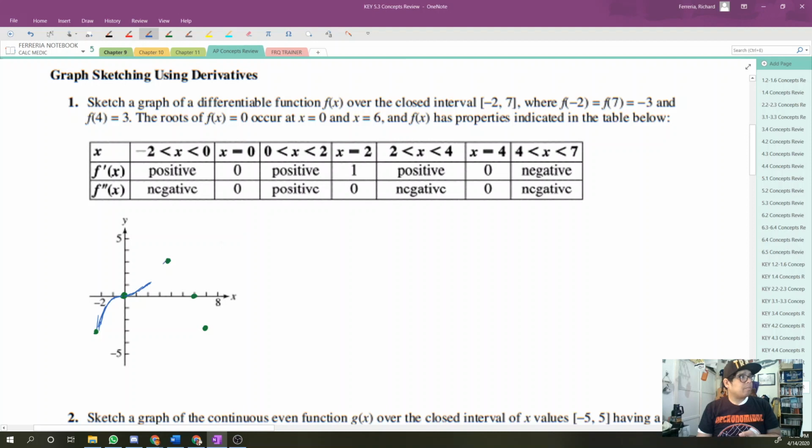Okay, so maybe doing one of these. Oh, I should also look at x equals 4. We have a horizontal tangent line as well. Okay, that right about does it. And then from 4 to 7, we have negative concavity and negative slope.